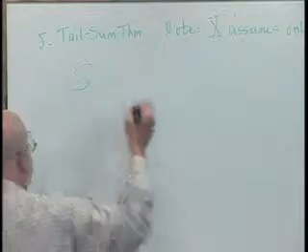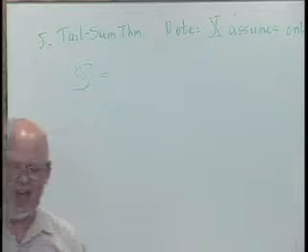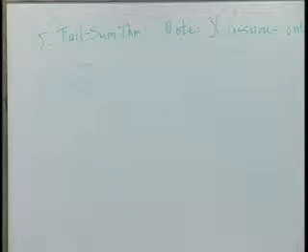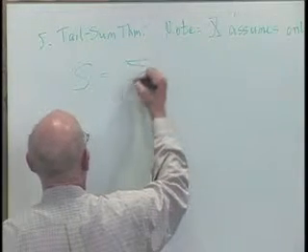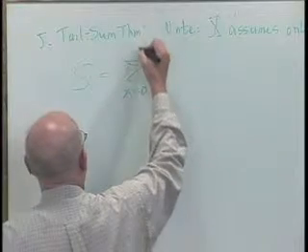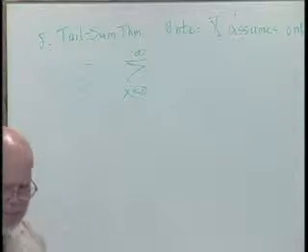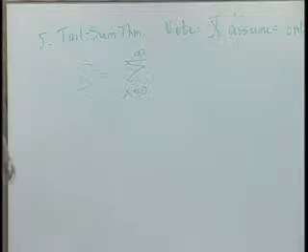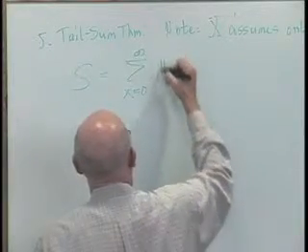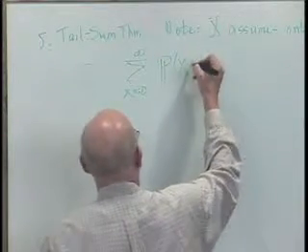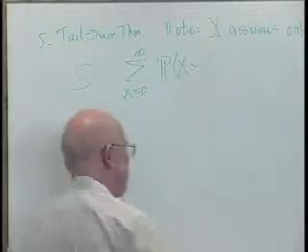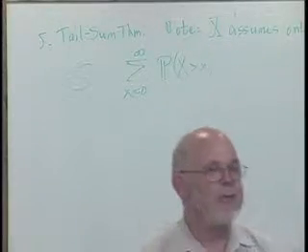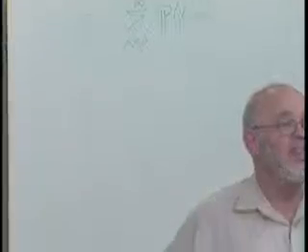Let me denote the quantity I'm calculating by a capital S. It's actually equal to the expectation, but that's what I'm trying to prove, so I don't want to write that down first. Here's what I mean by the tail sum. I do a sum from x equals 0 to infinity of what statisticians like to call the tail probability, namely the probability that the random variable X achieves a value larger than little x.